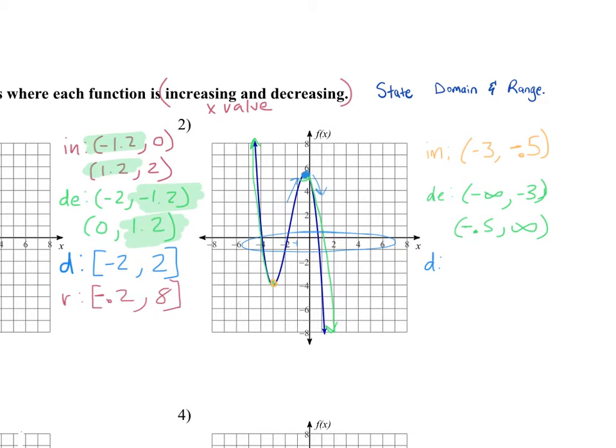All right, so for our domain, we're looking at all of the x values of our graph. So this furthest left point here, our graph goes forever in the left direction. So our domain is going to start with negative infinity, and then it keeps going in the right direction here, so it ends at positive infinity.